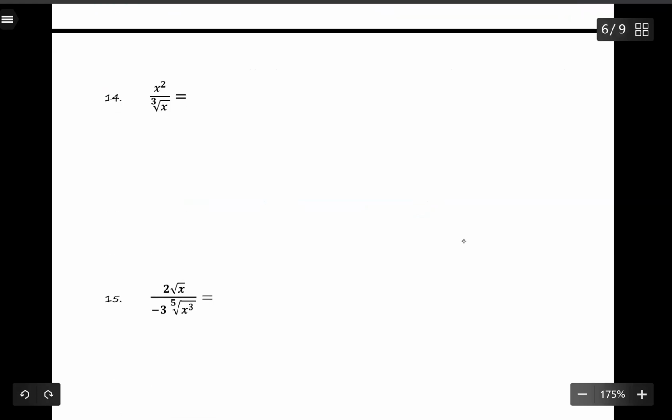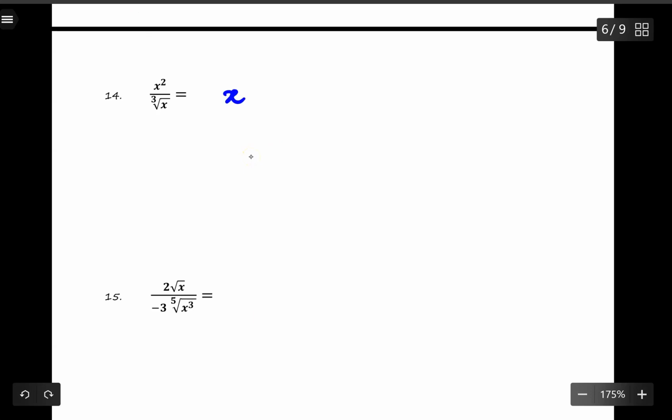Alright, okay, so number 14, this is when I'm asking everyone to do some calculation here and simplify your expression. So I will have x squared. If I bring this up, I should have x multiplied by -1/3. Now I'm going to apply the exponential operation. I multiply two powers with the same base, so I just have to add the two exponents.